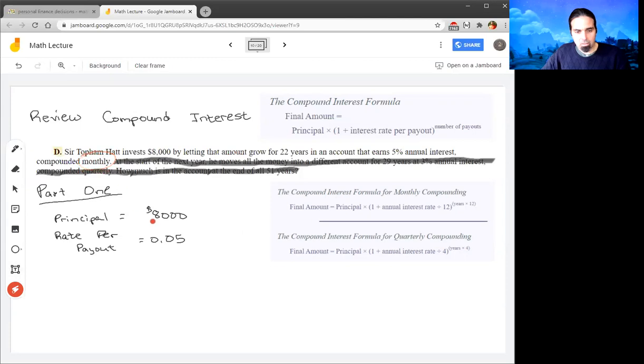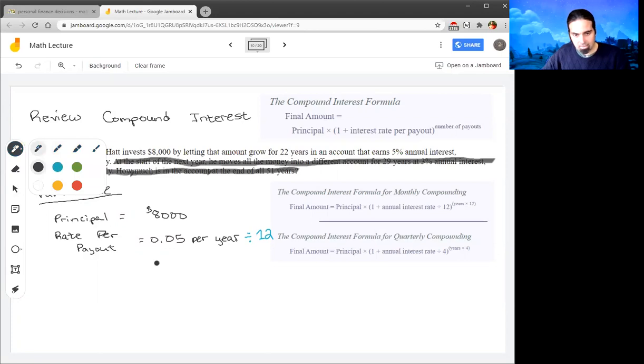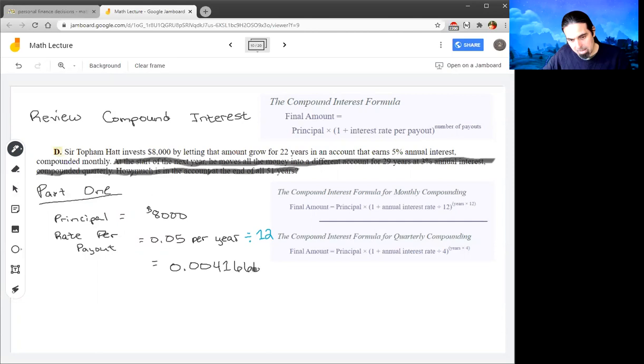This is for a whole year, so we have to divide by 12 to get how much it is per month.